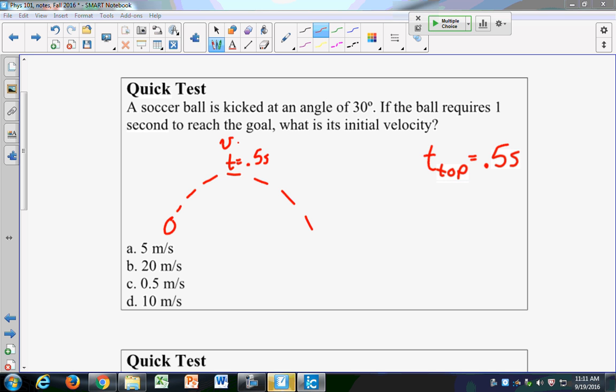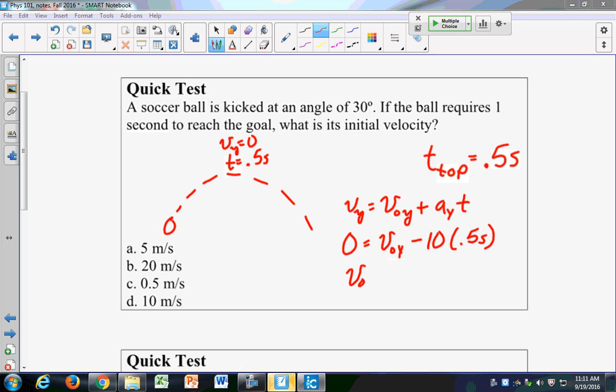And also, the velocity in the y direction equals 0. So I can say Vy equals V naught y plus Ay times t. That's going to be 0 equals V naught y minus 10 times 0.5 seconds. And so V naught y equals 5.